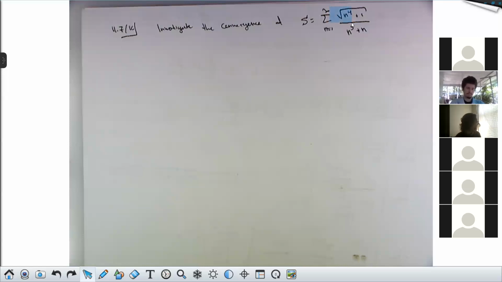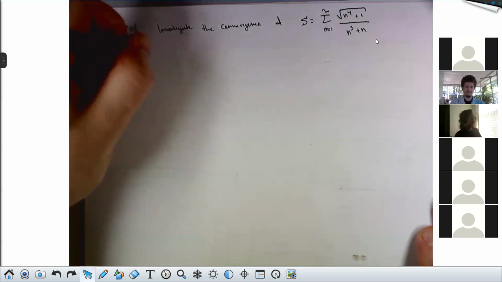If the top grows like n squared and the bottom grows like n cubed, then the whole thing, a_n here, grows like n squared over n cubed. Grows like 1 over n, right? So that's our kind of intuitive idea.